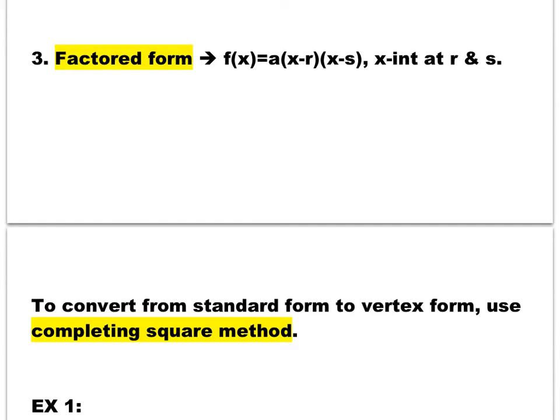Or, as we said in class, there is another easy way to find the x-coordinate of the vertex, which is minus b over 2a, and then substitute it back into the equation to get the value of the y-coordinate of the vertex. Then we can express the standard form in vertex form using the a value from the quadratic. So let's do a couple of examples here.